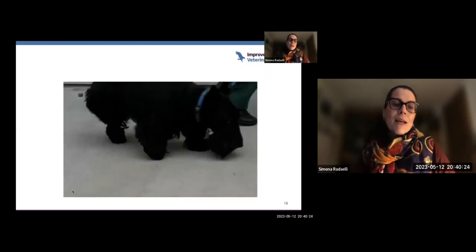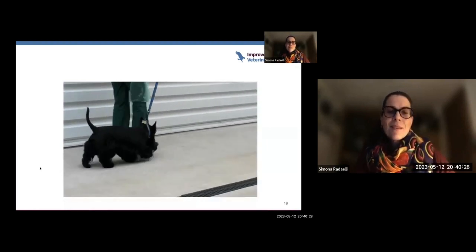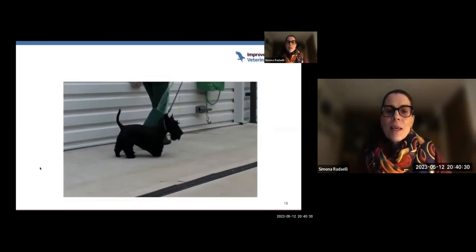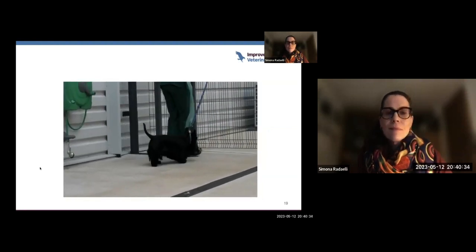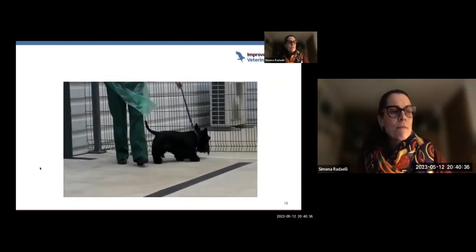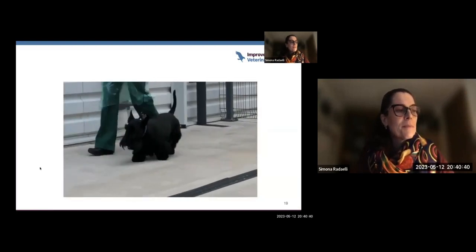Another example of ataxia, different. So we can see already that there is uncoordination and a sort of hypermetria in the gait.